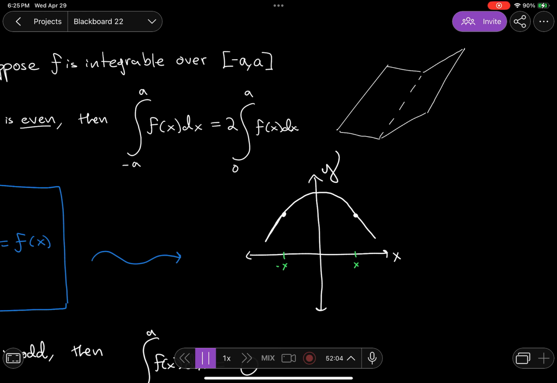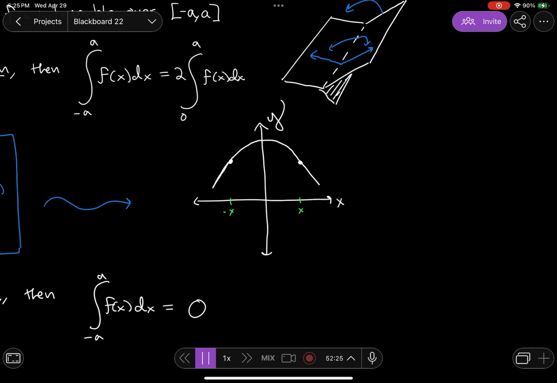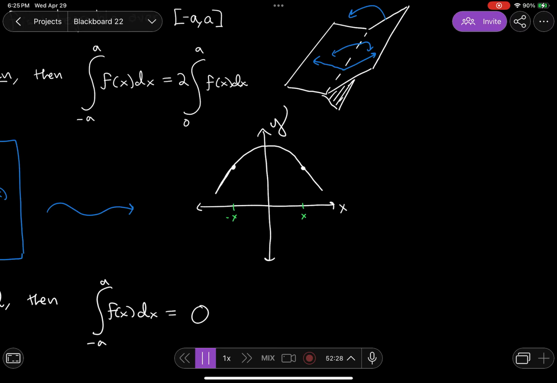Sort of like this, and this would be kind of like a fancy shadow right here. And if this is going to fold over right here, then the function has to land on itself, is pretty much what I'm saying. That might be a horrible illustration, but the function has to land on itself.